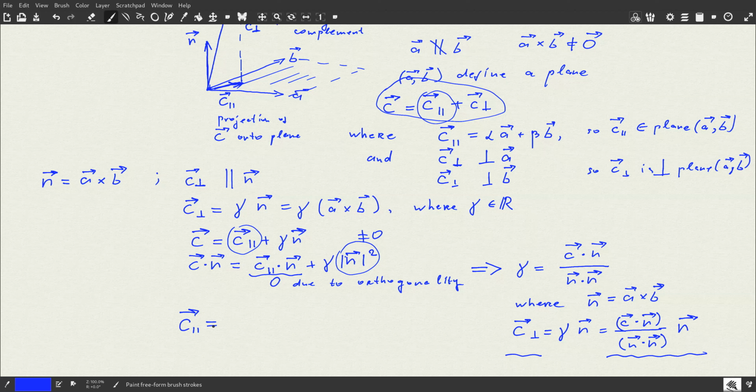Of course, simply take the difference. That's our equation 2 star. From the equation 2 star, we simply say it is C minus C orthogonal. So first we compute the C orthogonal, and then we compute the parallel. So basically the problem is solved.